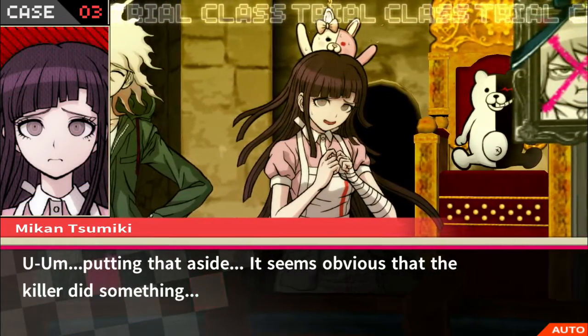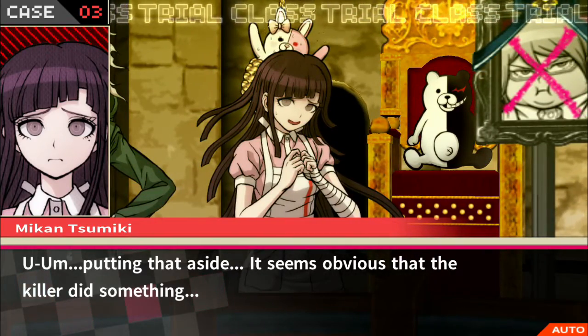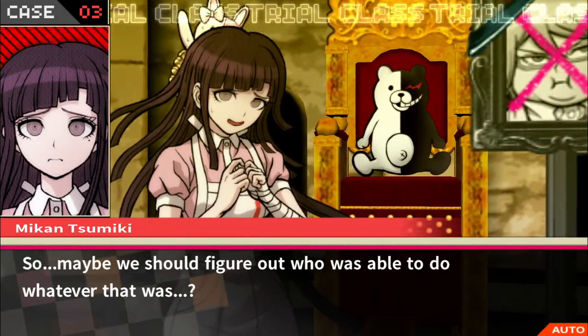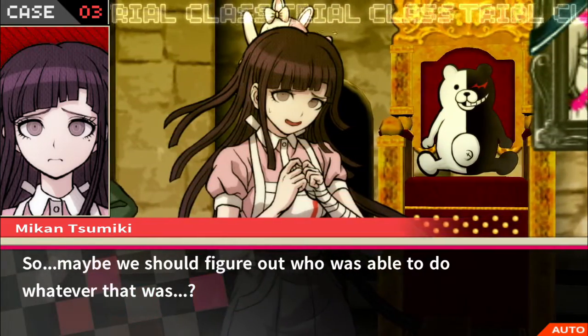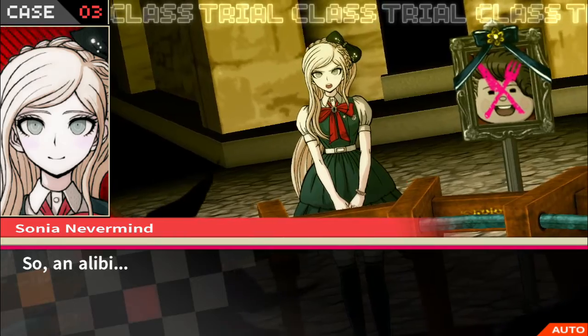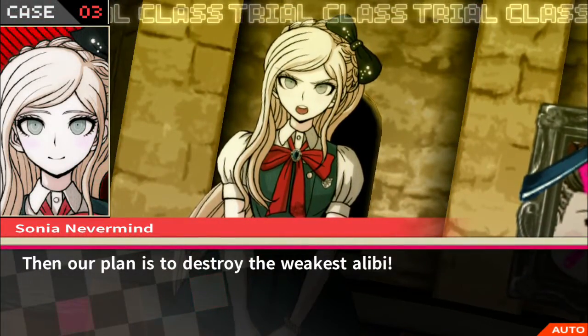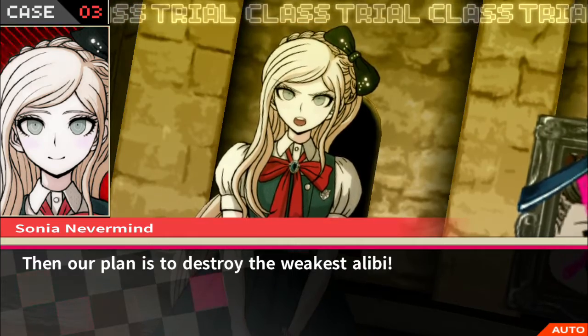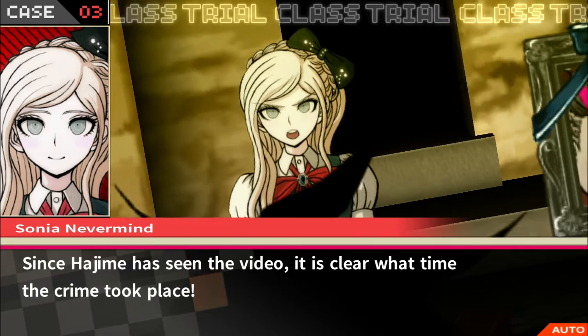Putting that aside, it seems obvious that the killer did something. So, maybe we should figure out who was able to do whatever that was. So, an alibi. Then our plan is to destroy the weakest alibi. Since Hajime has seen the video, it is clear what time the crime took place.